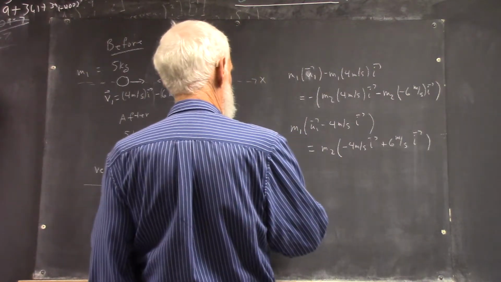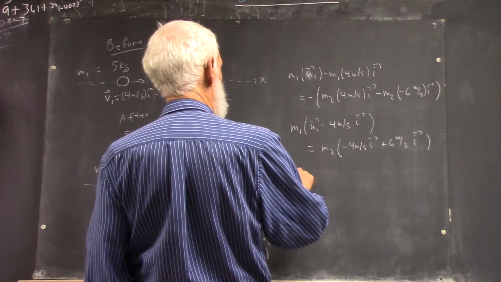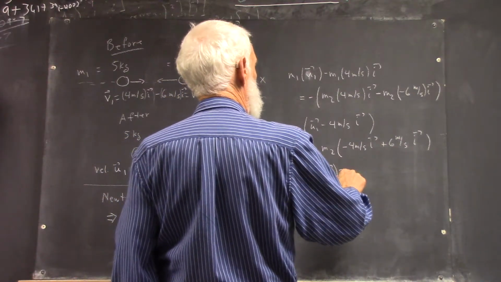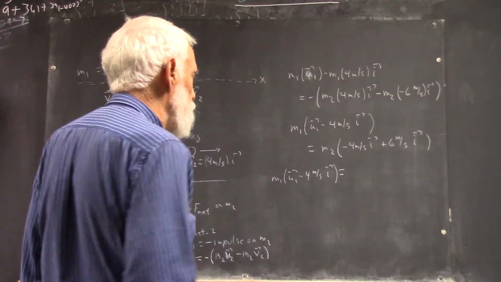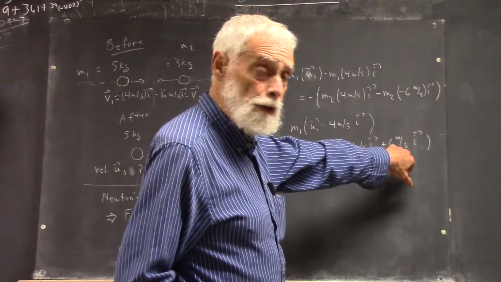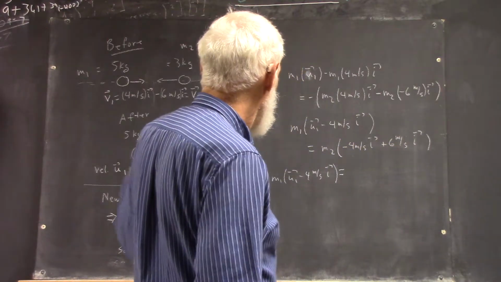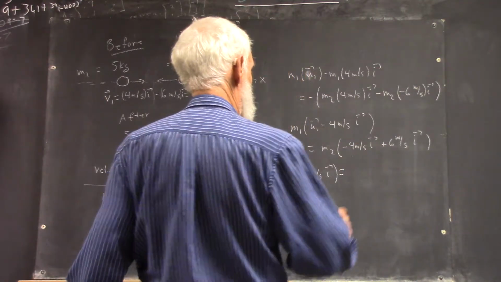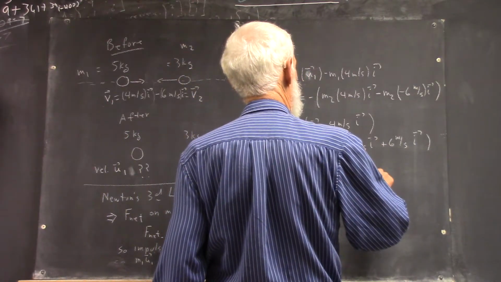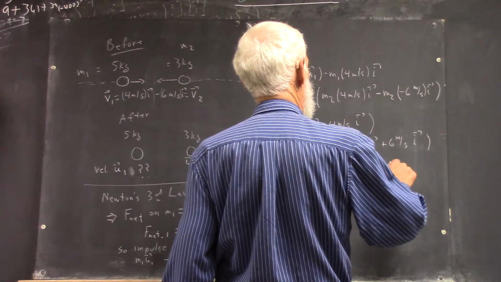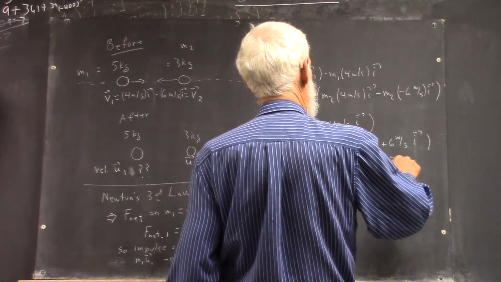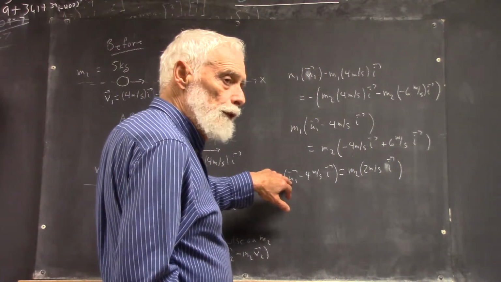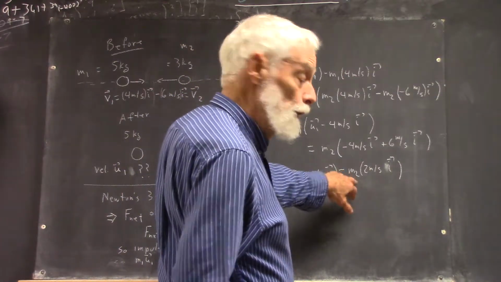Now this term is then going to be equal to, well, we have a numerical result here. Okay, this is 2 meters per second times I. Now to solve for U1, I have to divide those sides by M1.